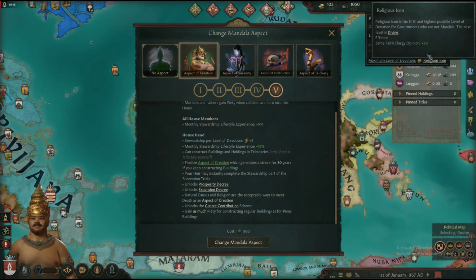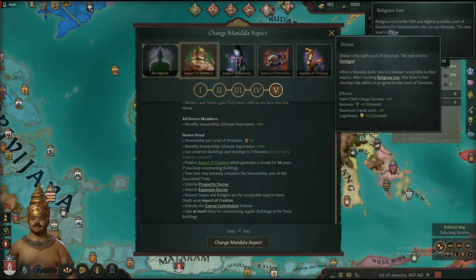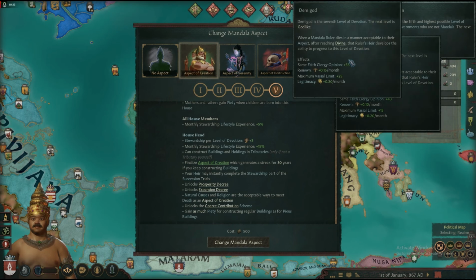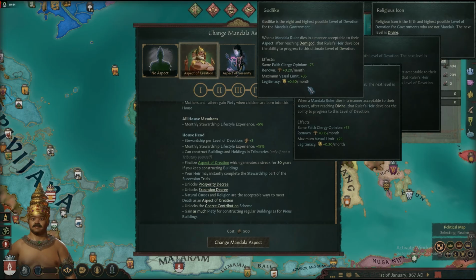Yes, okay. If you die at Religious Icon, and you die of old age as an aspect of creation, your next guy will be able to reach Divine. If he dies of old age, he gets to reach Demigod. The next guy gets to reach Demigod. If the Demigod man dies of religious reasons, then the next guy gets to reach Godlike, which is the highest rank.